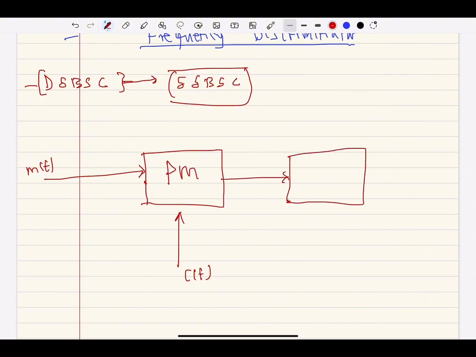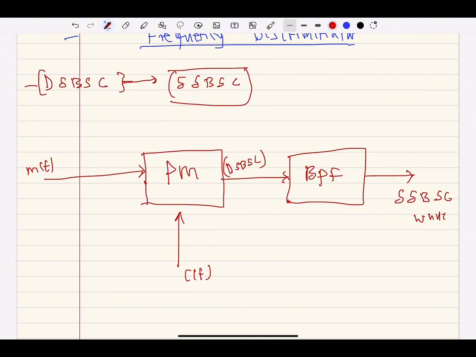So this one generates a DSBSC signal for us. After generating it, it's then passed through a bandpass filter with its frequency range at our desired output. So now the output is going to be a single sideband suppressed carrier wave.